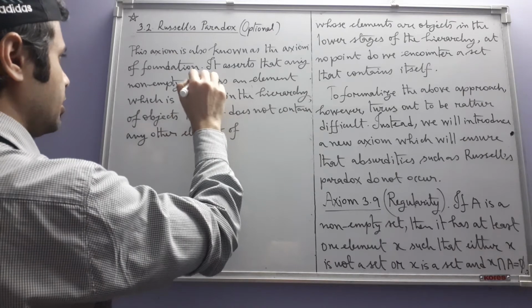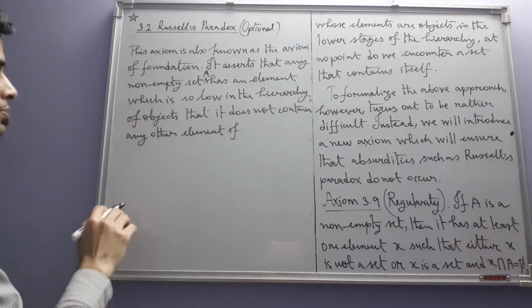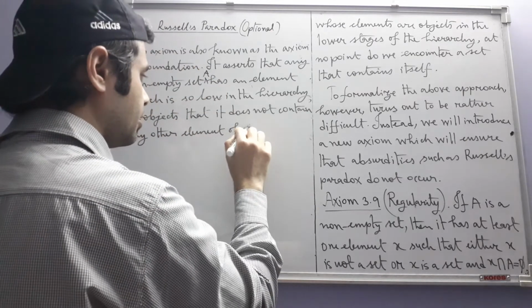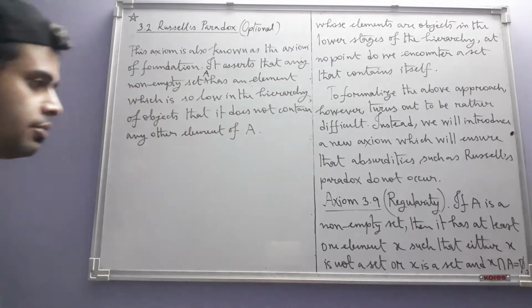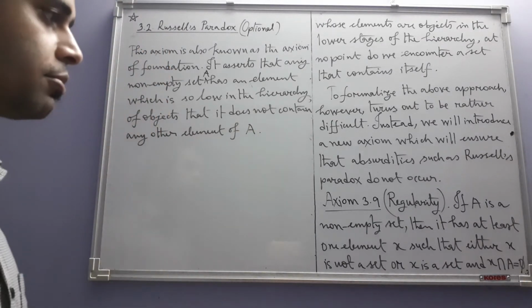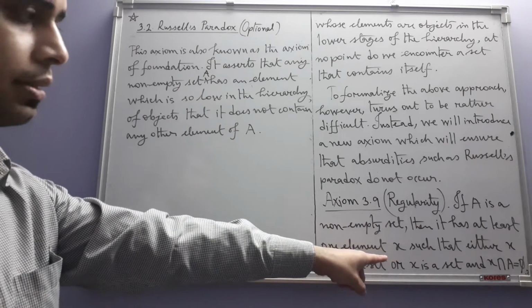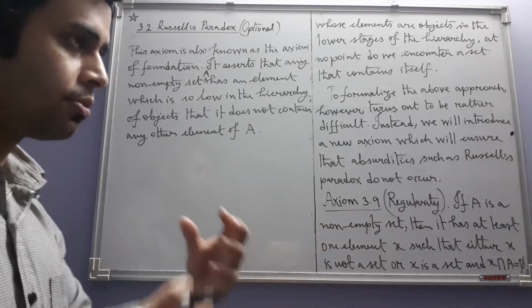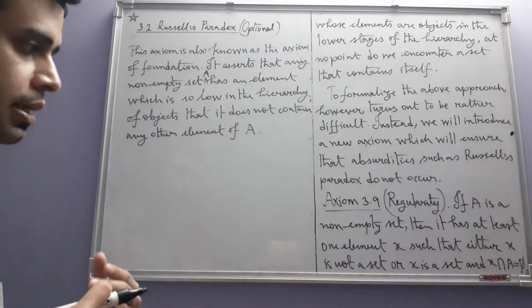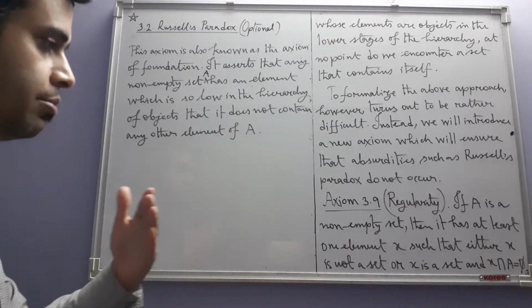Let us just call the set A. Any other element of A. So that sort of object X we are talking about in this axiom is so low in the hierarchy of objects that it does not contain any element of A.